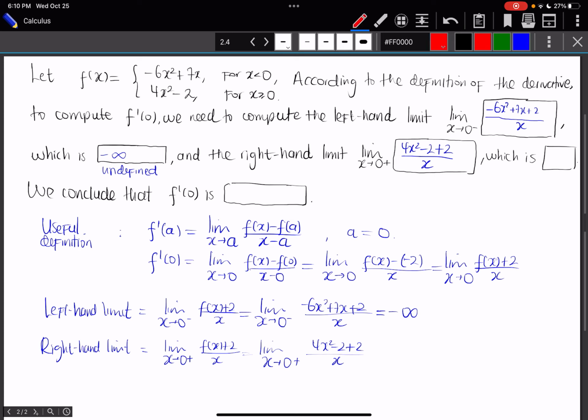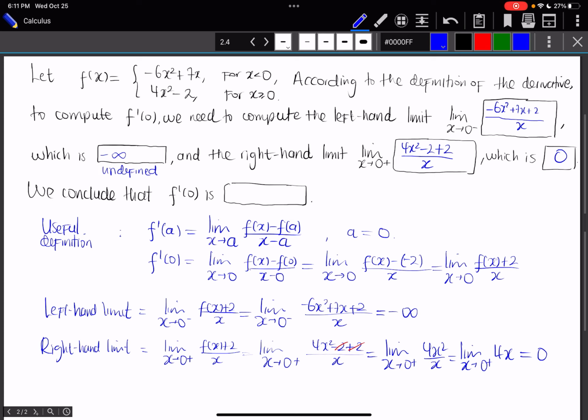And negative 2 plus 2 is 0. So we have the limit as x goes to 0 from the right of 4x squared divided by x. We can simplify the expression further by canceling out one of the powers of x. So we get 4 times x, and now we can substitute x equals 0 to find 0. So the right-hand limit is 0.